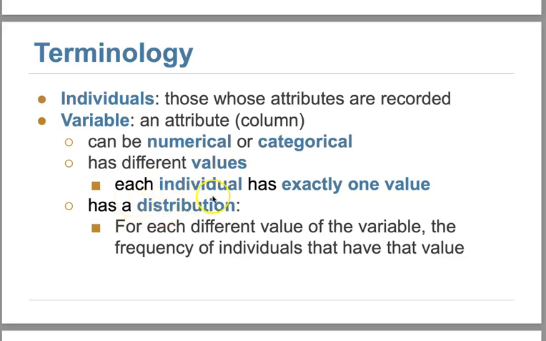Each individual has exactly one value for each attribute. So the distribution we talk about is according to a variable, or we say an attribute. For the different values of the variable, the frequency of individuals that have that value is what we try to observe from a distribution.